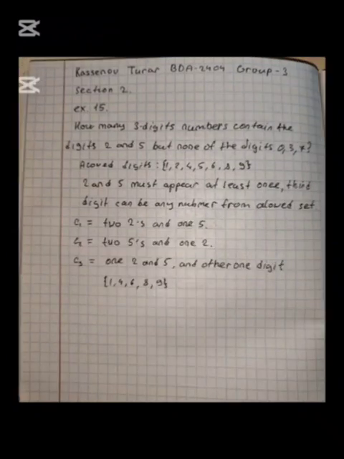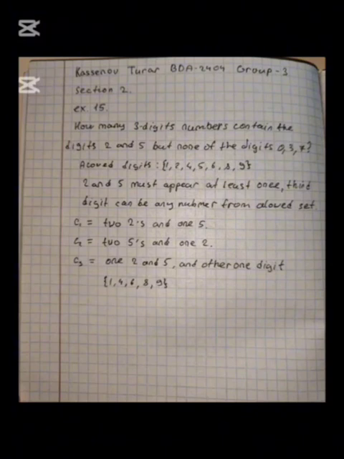So we need to satisfy three conditions. Condition number 1: two 2s and one 5. It's three numbers. Condition 2 is two 5s and one 2. It's also three numbers. And condition 3: one 2 and one 5, but the third digit can be any digit from the allowed set: 1, 4, 6, 8, 9.